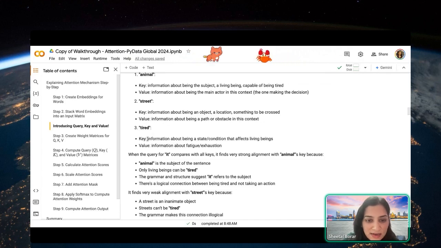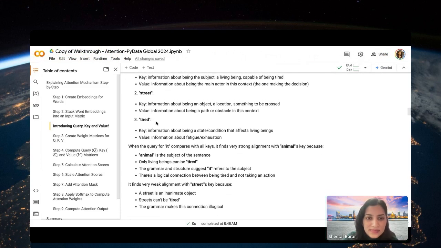For tired, the key is that tired is essentially a state or a condition that affects living beings. And the value is that tired is related to fatigue or exhaustion. So something in this sentence is tired, and that is the value of tired.